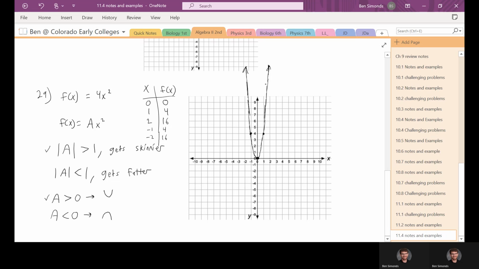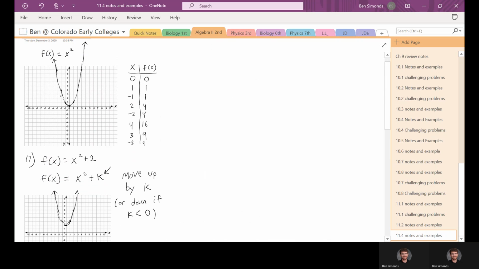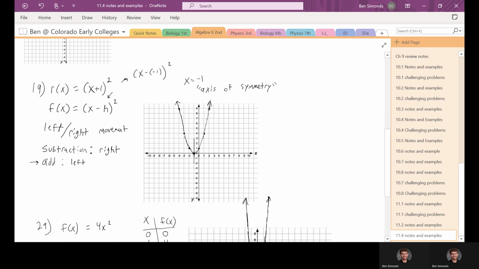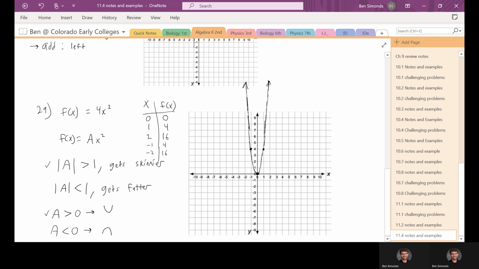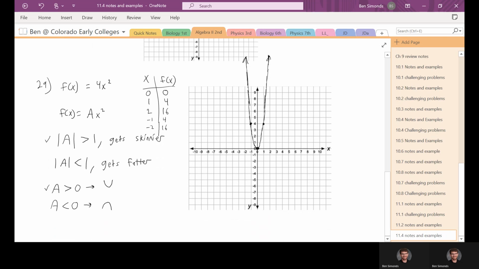You can see that, right? This tall, skinny parabola here versus our original parabola is a lot wider. Like this one's wearing the 34-inch waist, this one's wearing like the 30-inch waist. If you're thinking of your graphs like in jeans sizes for whatever reason, then this is one of those examples where it gets skinnier. So we've got 4, which is greater than 1, so our graph has gotten skinnier.